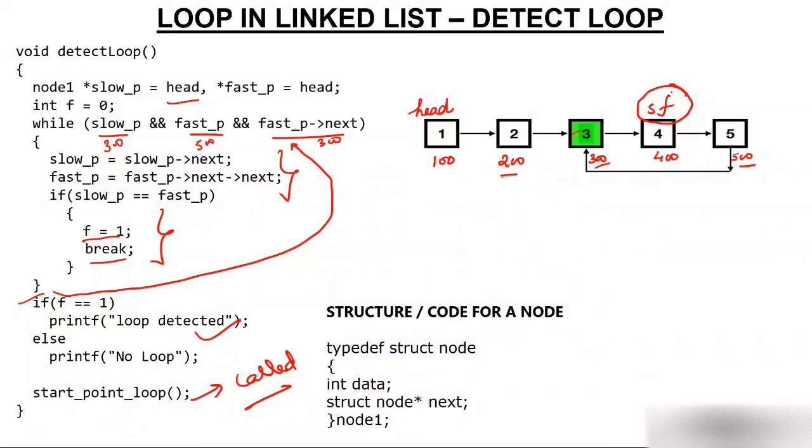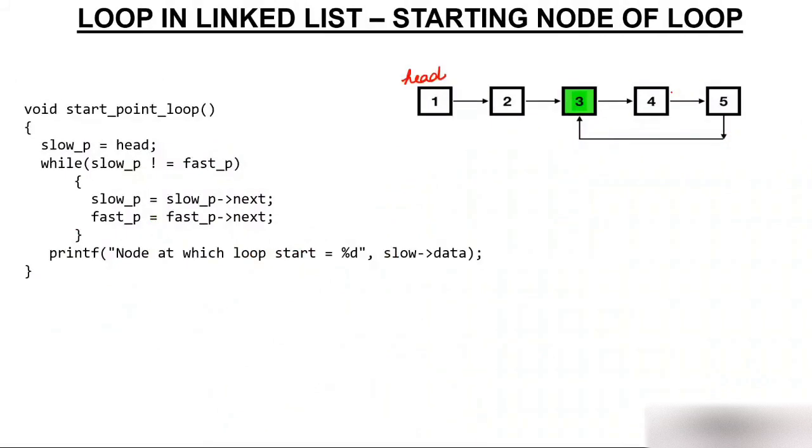So let's start with this function, the coding of a structure, which I have not explained here. Now the actual position was: fast was here, slow was here, and both have become equal. This function will tell me the starting point of the loop. So I have again reinitialized the slow pointer with head, so slow will come from here to this place.